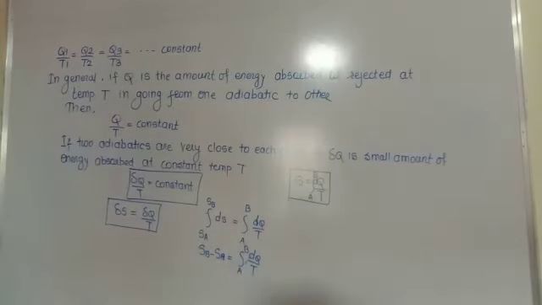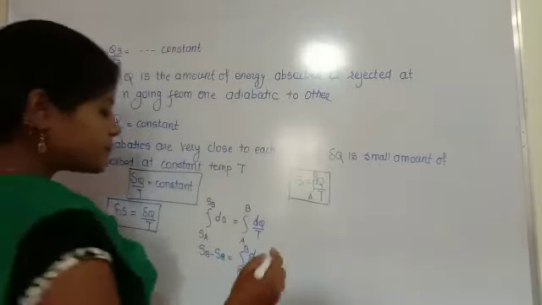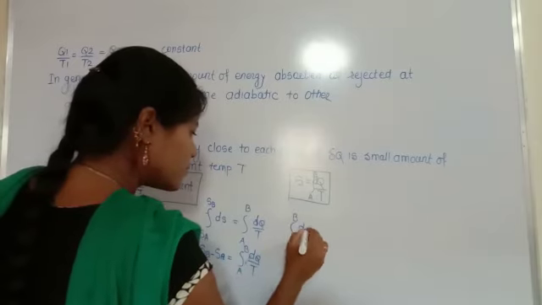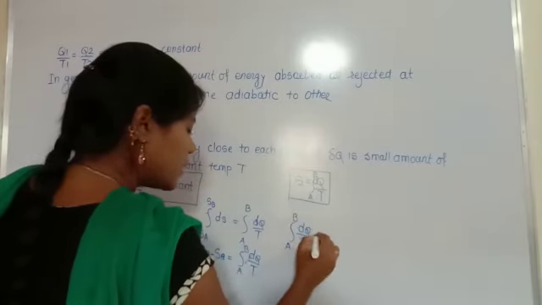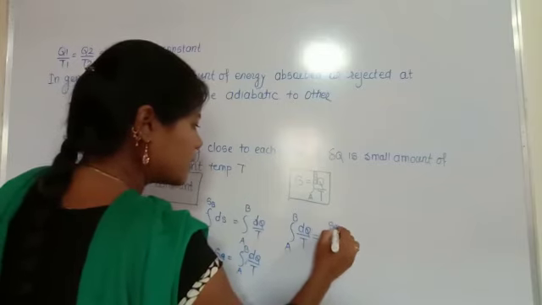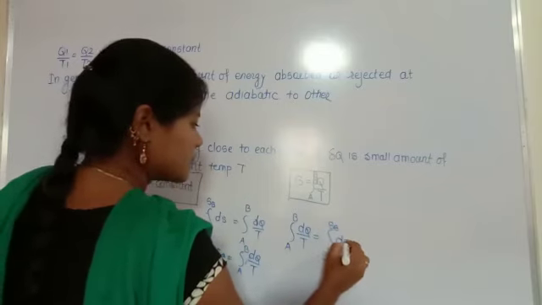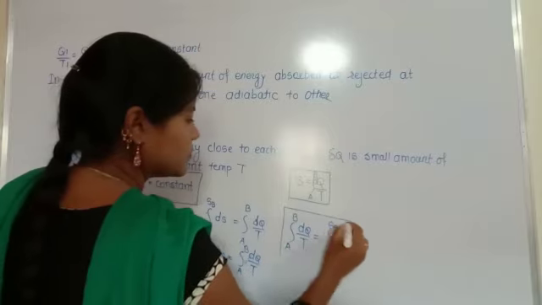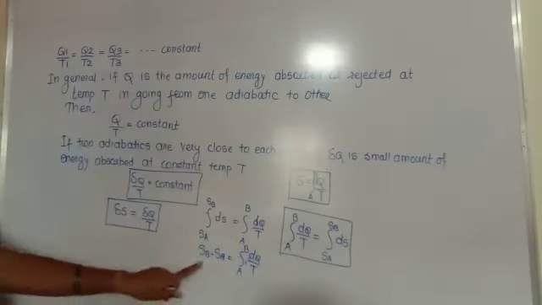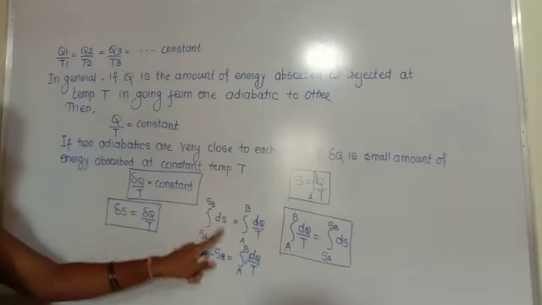So the integration from A to B of dq by T is equal to the integration from SA to SB of ds. This is also the same, and this is also the same.